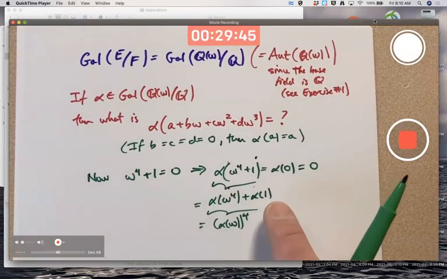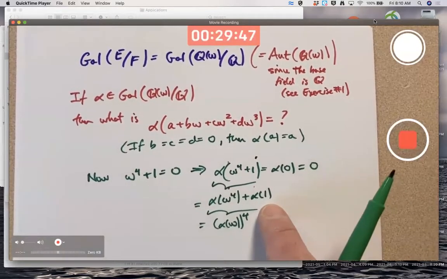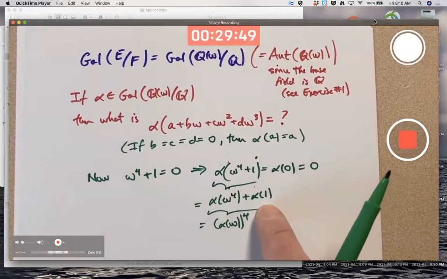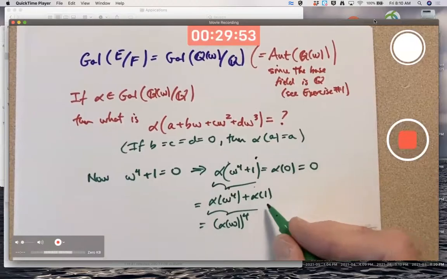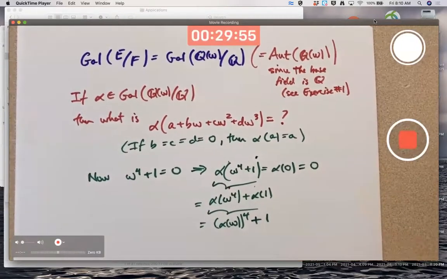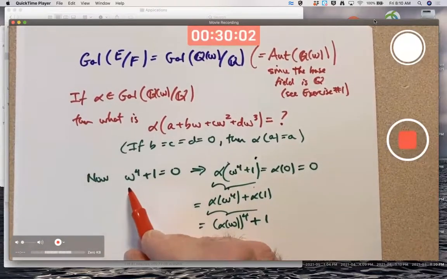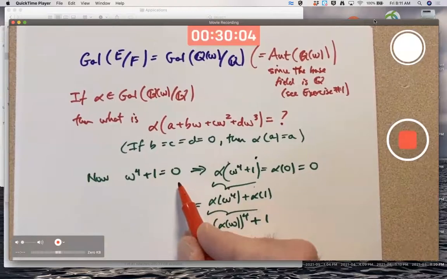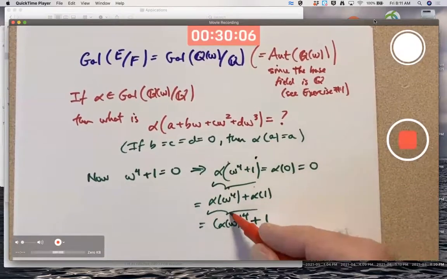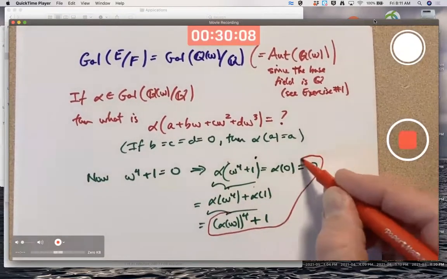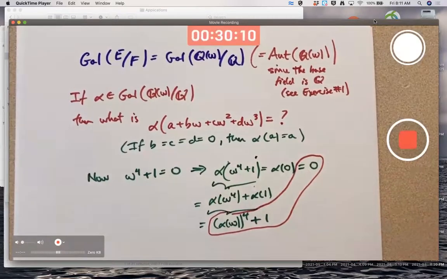And since alpha is an automorphism, it's an isomorphism, it also maps 1 to itself. It also fixes rationals. Alpha of 1 has got to be 1 as well. In other words, what do I have here? I have that if omega is a fourth root of -1, so it satisfies this equation, then alpha of omega also satisfies the same polynomial. It's another root.